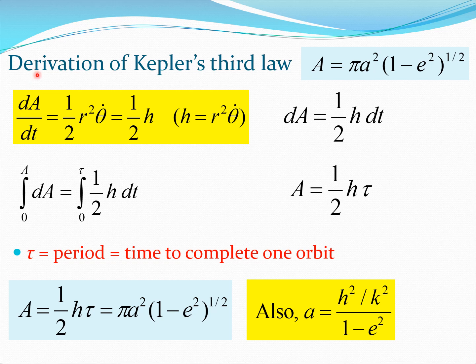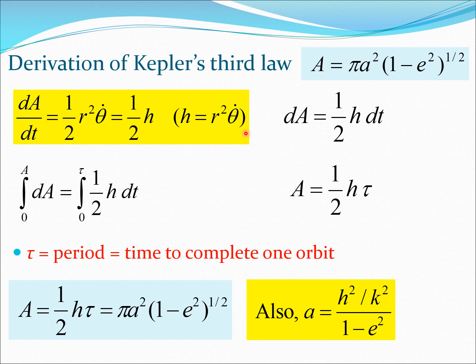Now let's further continue our derivation. We have this equation for a from our previous slide, and now we consider again the fact that dA by dt was half r square theta dot, which is half into h. h was r square theta dot. This is coming from the orbit equation which we did quite some time ago.